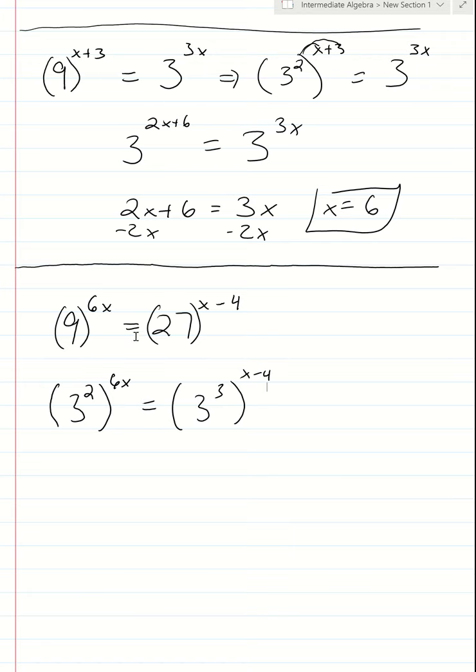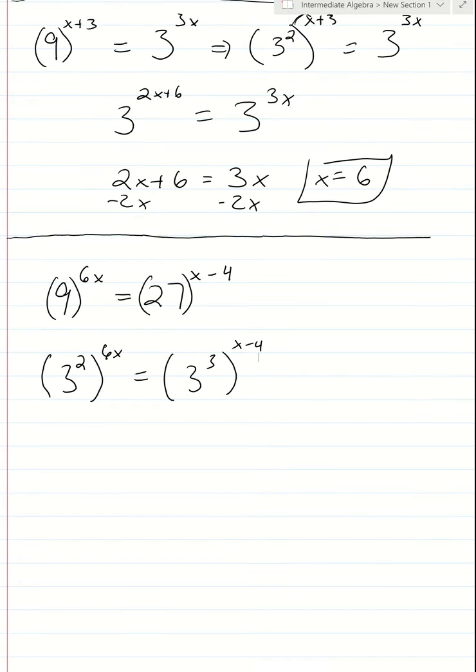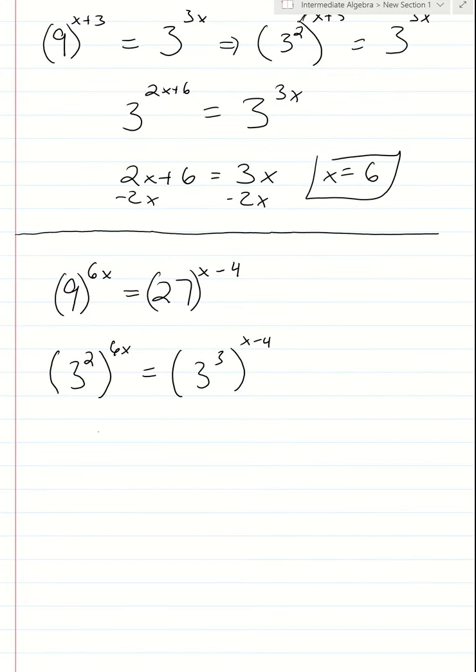Now, just like we did in the previous example, when we have a power raised to another power, we have to multiply those powers. So that would now give me, on the left side of my equation, 3 to the 12x power equals, here on the right side, I'm going to have to distribute that power, in which case now I have 3 to the 3x minus 12 power.